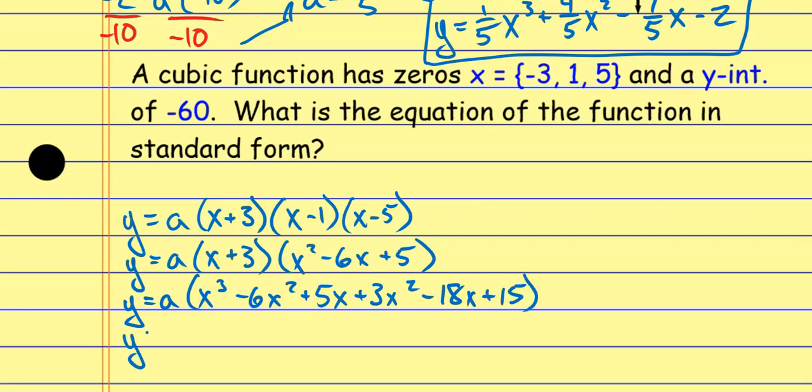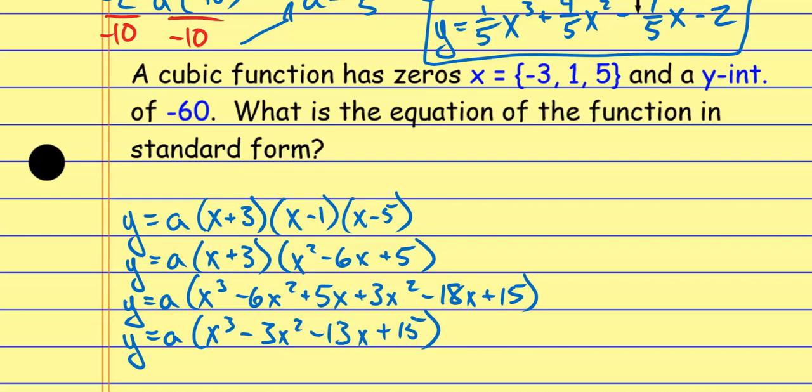And of course, combine like terms. And as I look at this, it has the wrong y-intercept. Without any a value out front, this one's going to have a y-intercept of 15.